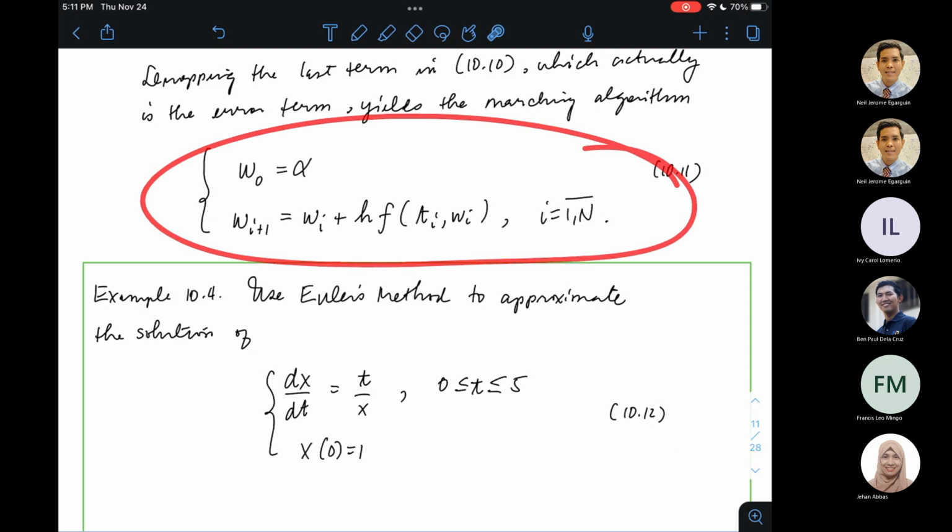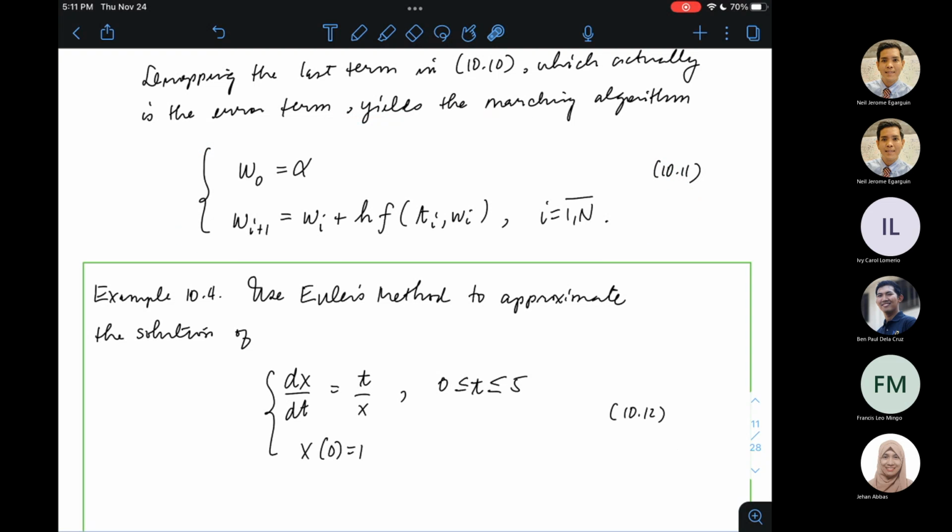Tapos you need to decide, ano ba yung mga degrees of freedom natin dito? Oh, by the way, here in equation 10.11, I just assumed that I'm using different step sizes just to make the error analysis easier. Because actually, kapag free ka na gumamit ng data, or if you have access to the formula for the function little f, then you can use any step size that you want. Okay? So pwede kang pumili, just for simplicity, equally spaced na lamang yung mga t-subies natin.